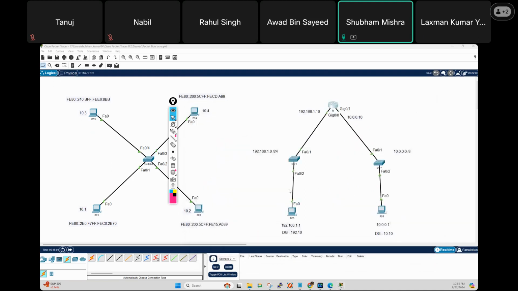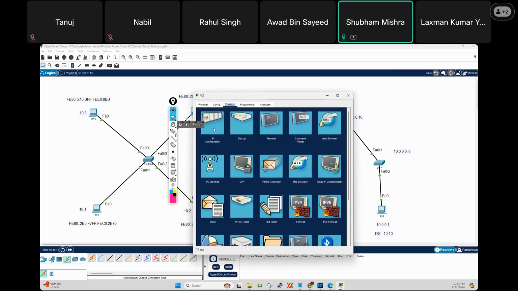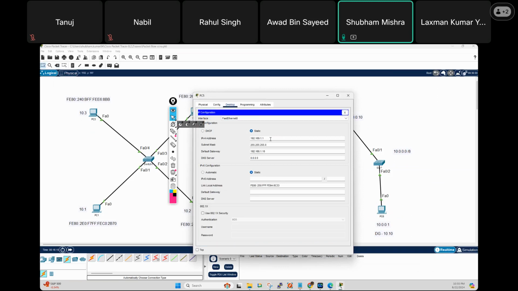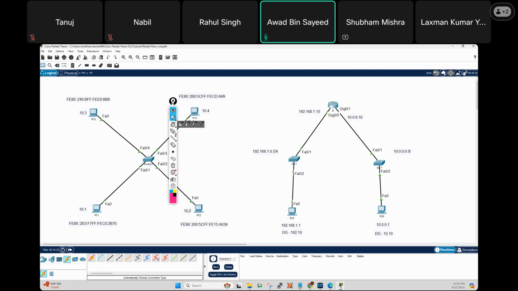Okay, now everyone, tell me. So what do we need to do? Why are we deleting it? IP config 192.168.1.1. Clear?